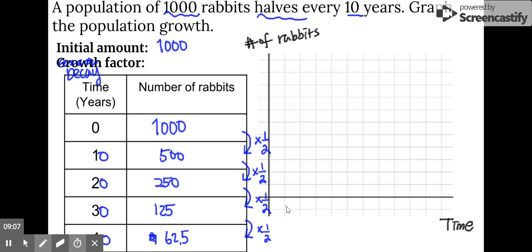All right, so now I'm going to go up by 10, 20, 30, and 40, and 50. We don't have 50 though. All right, 0 is here. And I'm going to go up by, okay, this is my 1,000, and this is 100. So I'm going to go up by 100. Let me plot them.